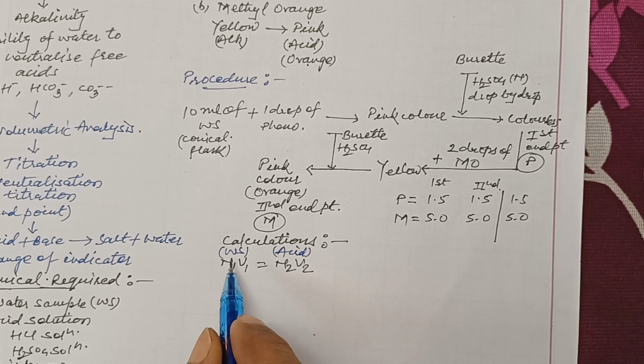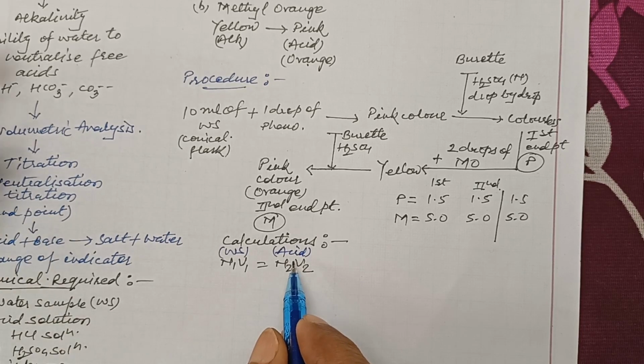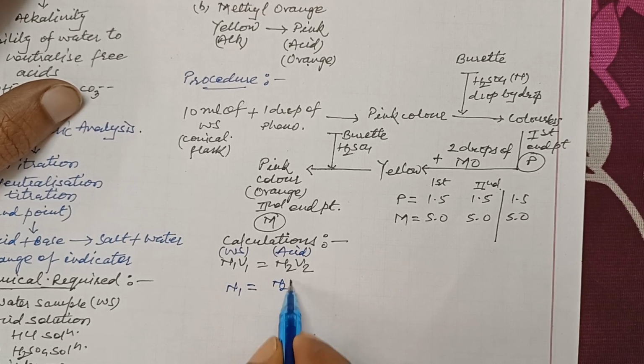So you calculate N1 = N2V2 divided by V1.